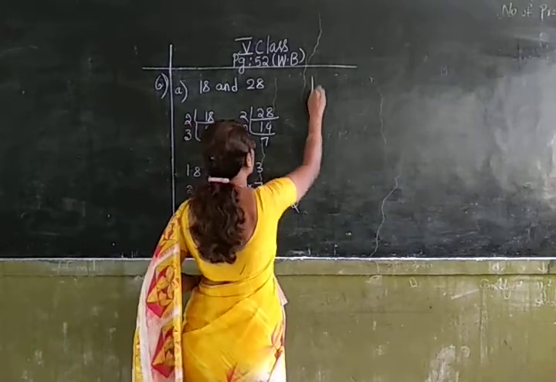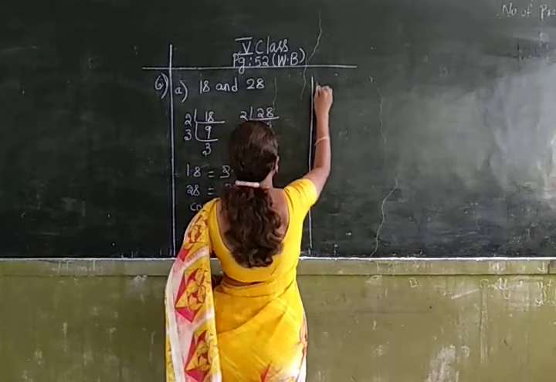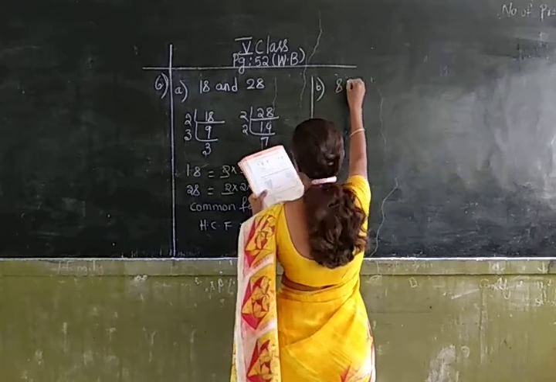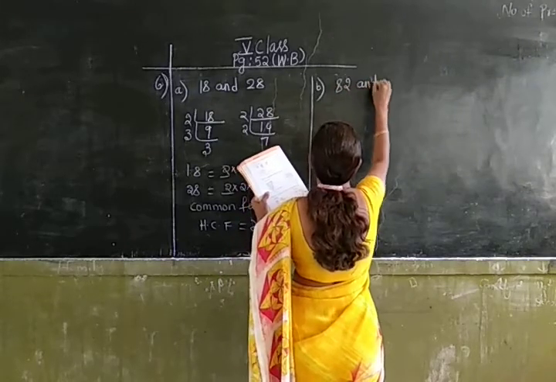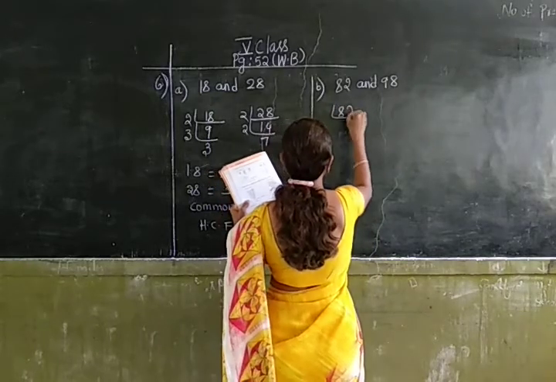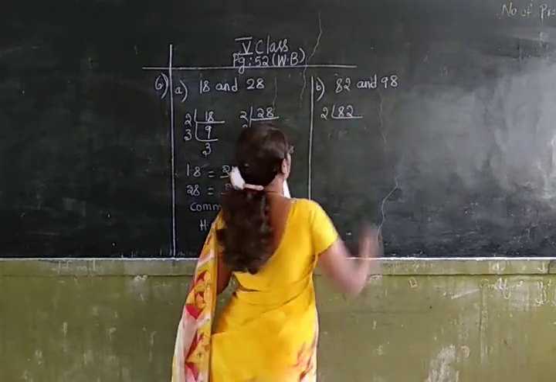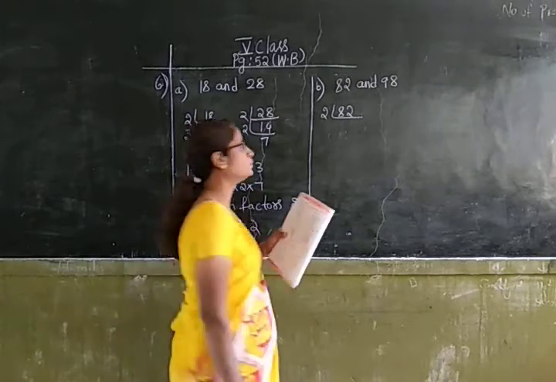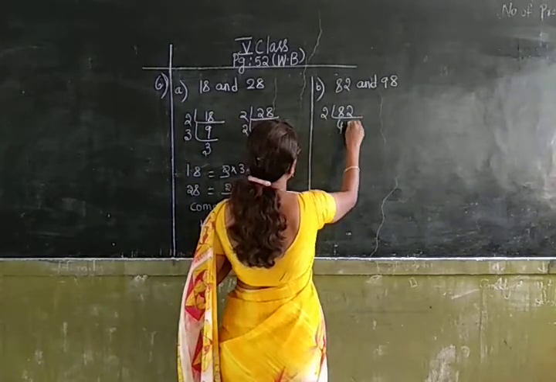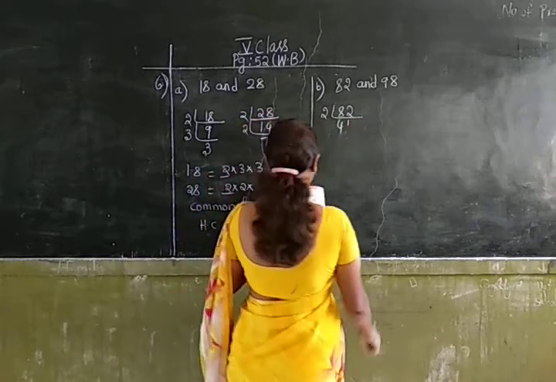Okay children, now let us do the second sum, that is the B sum. 82 and 98. 82 is an even number, so let us take the 2 table. 2 goes in 8 4 times. 2 goes in 2 1 time.